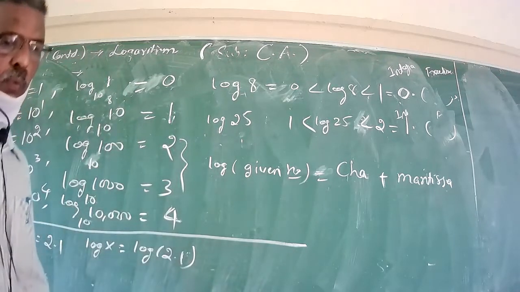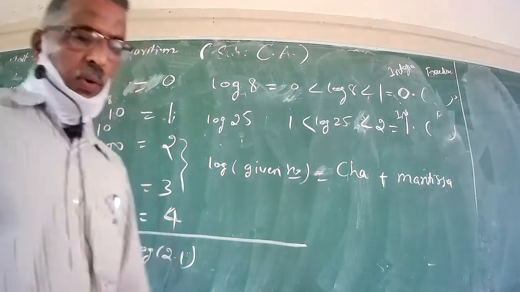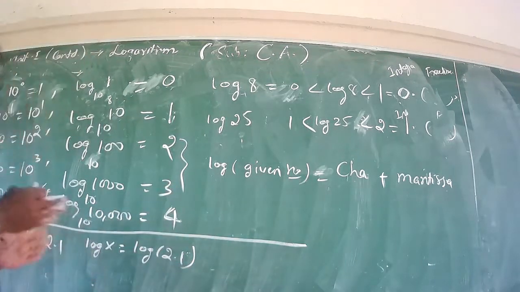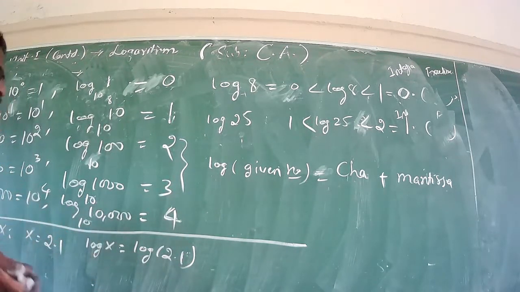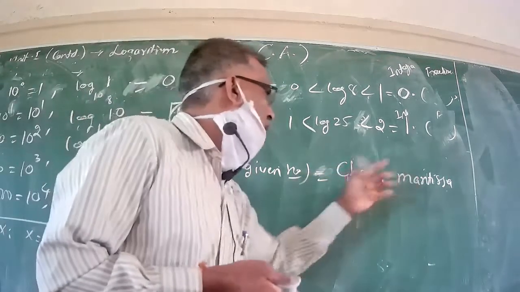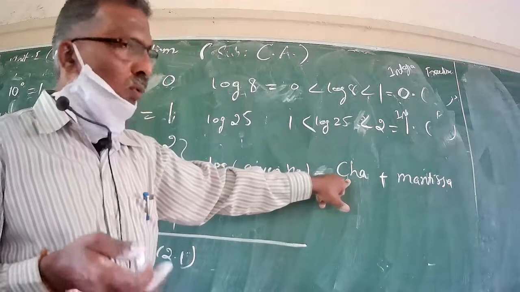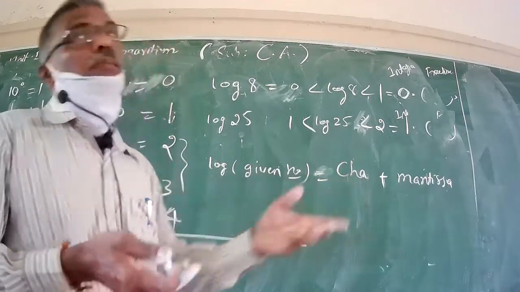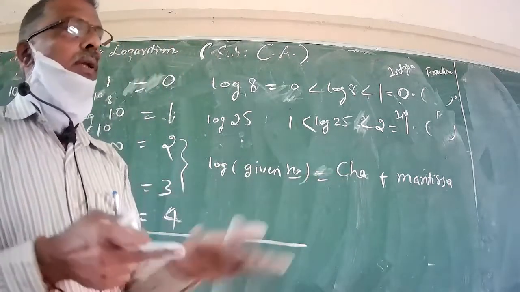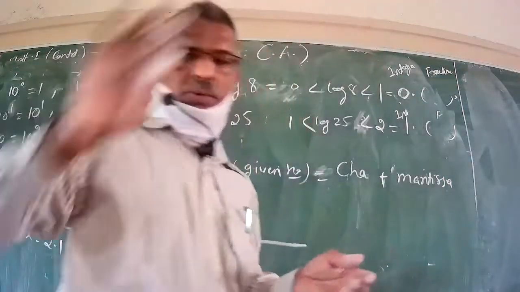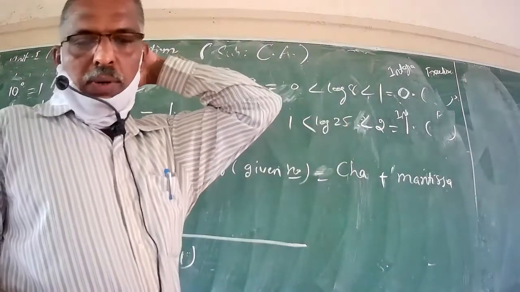To get the logarithm of a given number, it should have two parts: the characteristic part and the Mantissa part. Note that the characteristic part may be positive, negative or zero, but the Mantissa part is always positive.